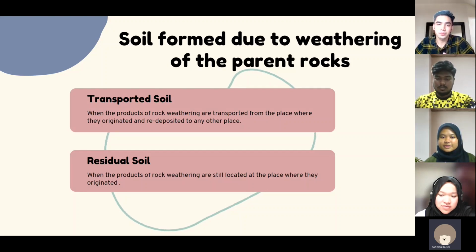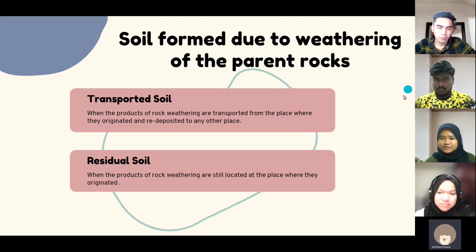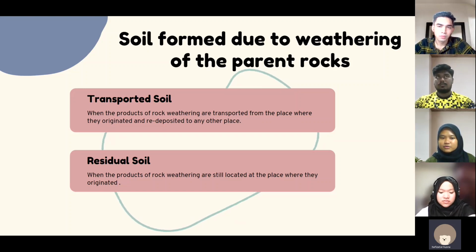Okay, for the soil formed due to weathering of the parent rock, either mechanical or chemical, there are two types. First, transported soil, and second, residual soil. Transported soil occurs when the product of rock weathering is transported from the place where it originated and redeposited in another place.